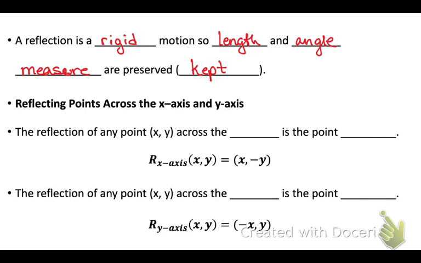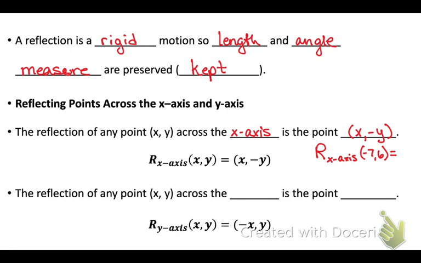So, some basic ones that we do a lot are reflections across the x and y axis. So a reflection of any point x, y across the x-axis is the point x, negative y. So an example of that is the reflection across the x-axis of -7, 6.